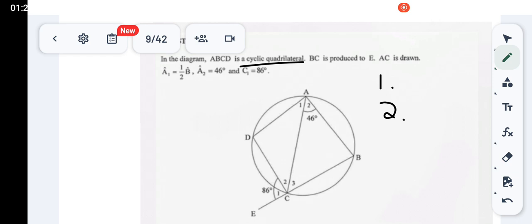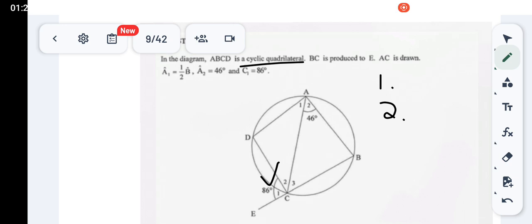So in this case, let's identify the exterior angle. Exterior angle C1, which is equal to 86 degrees. It's outside our cyclic quadrilateral, which is ABCD. Now this C1 is going to be equal to which angle? Please identify the angle that is opposite to C1 but inside the cyclic quad.